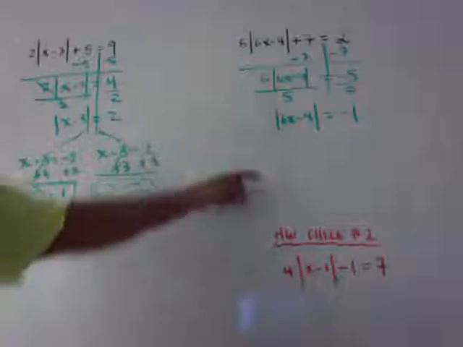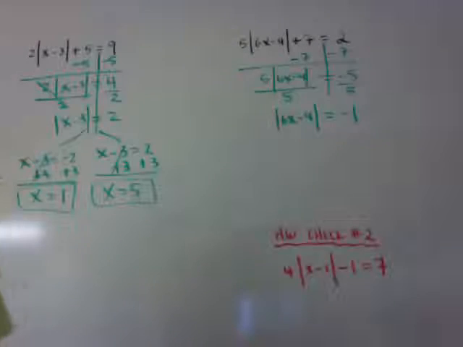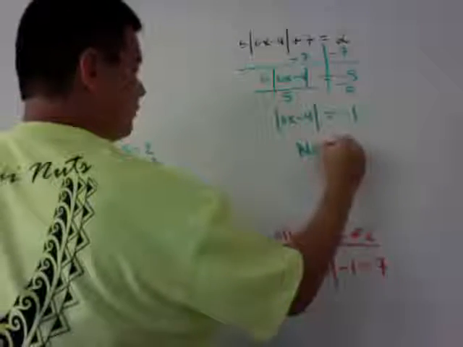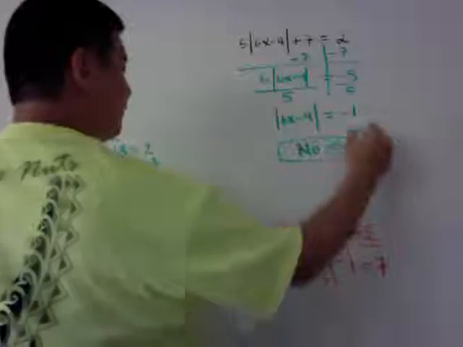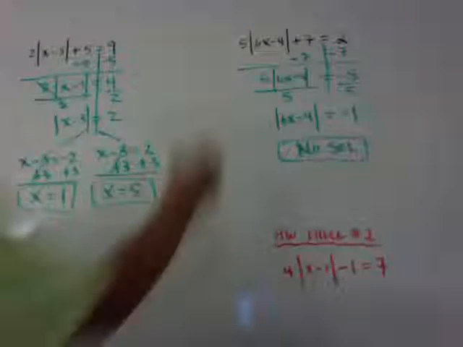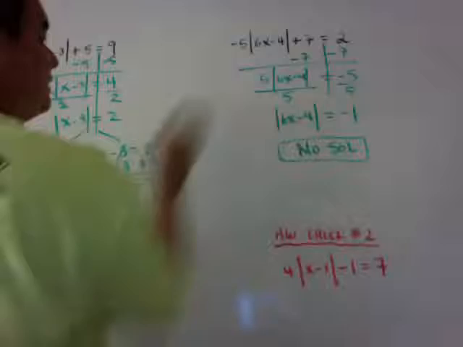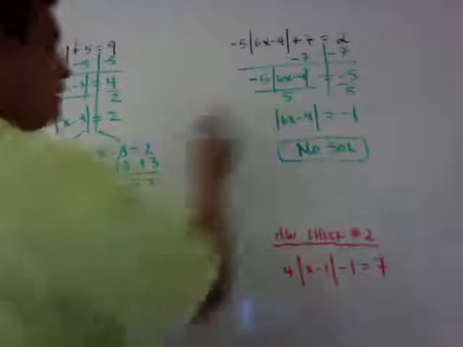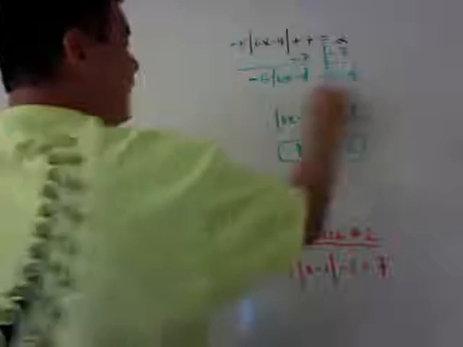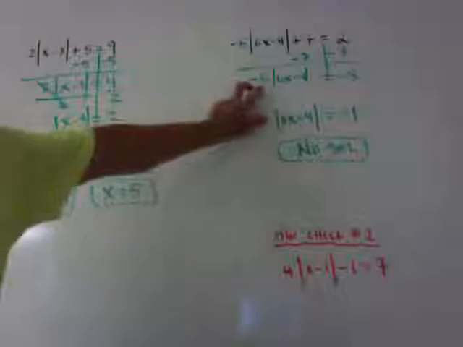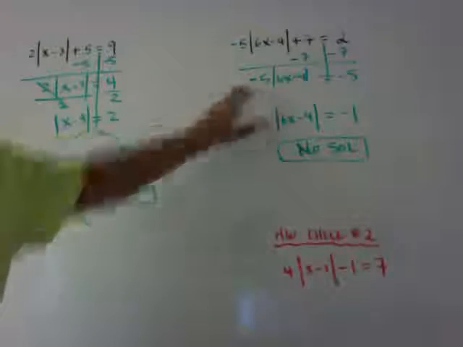Once you have an absolute value equal to a negative, what's your answer? Okay, it is no solution. But be careful, because if there was a negative outside like that and a negative here, you cannot just stop and say no solution there, because you still have another -5 outside of the absolute value.